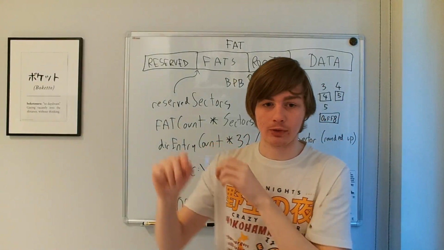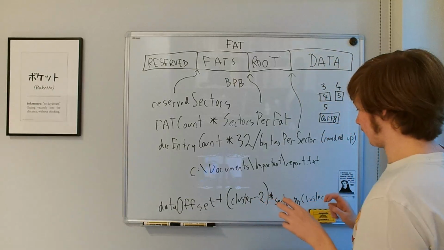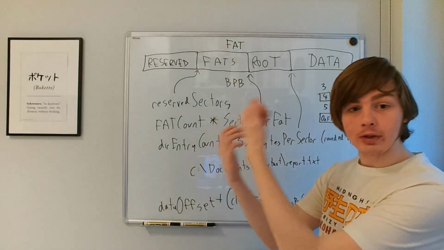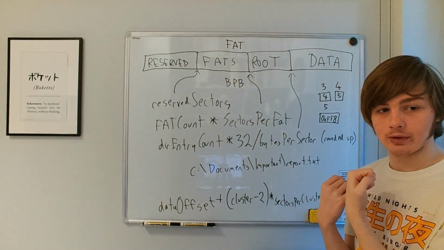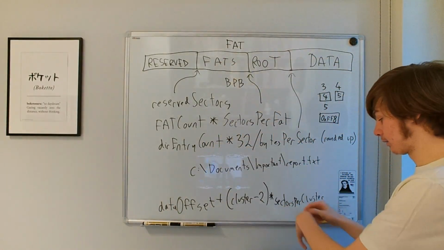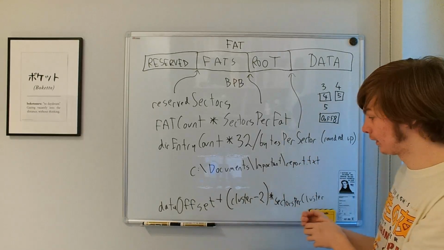And if it matches, you take a look at the cluster data, and then you can actually read the data of this cluster by reading sectors-per-cluster sectors, because that's how many sectors you'll have to read in order to read one cluster.